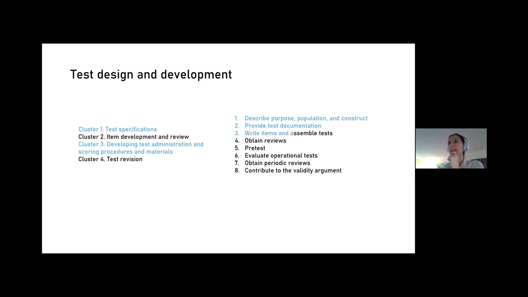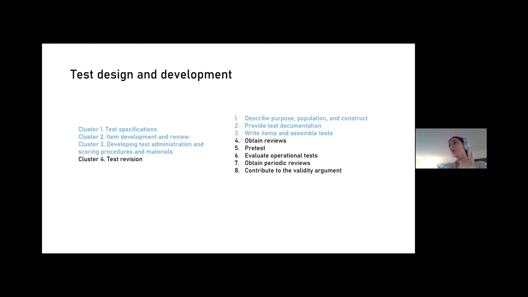Third is about writing items and assembling tests. This is straight about the item development. And here, developers should write items that meet specifications and minimize construct-irrelevant variance. They should use assembly procedures or write assembly rules, resulting in tests that are meeting these specifications and minimizing construct-irrelevant variance.